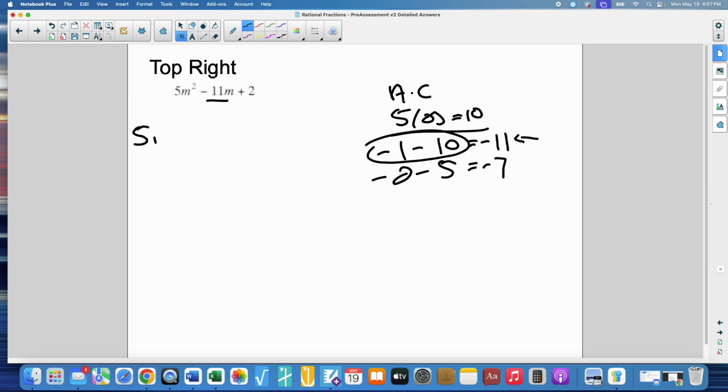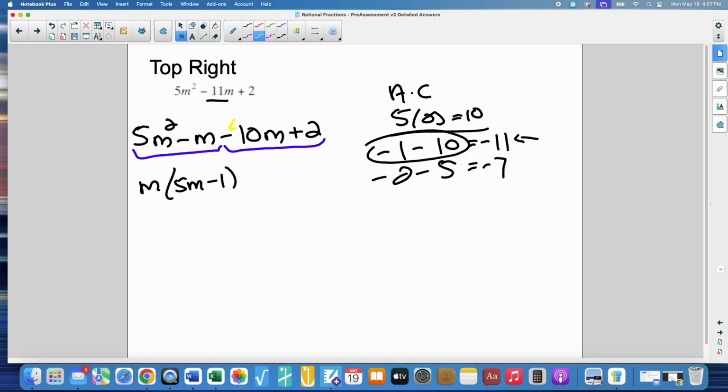So this becomes 5m squared minus m minus 10m plus 2. We're going to group the first 2, group the second 2. Factor out an m, which becomes 5m minus 1.